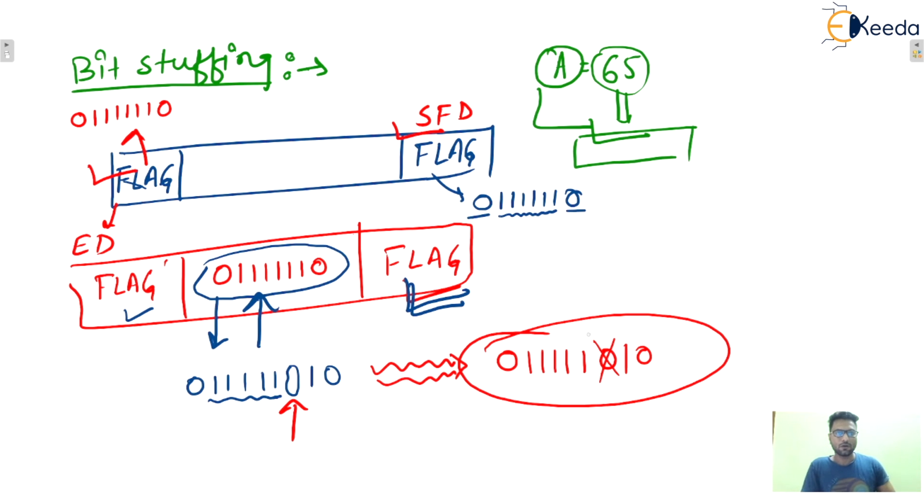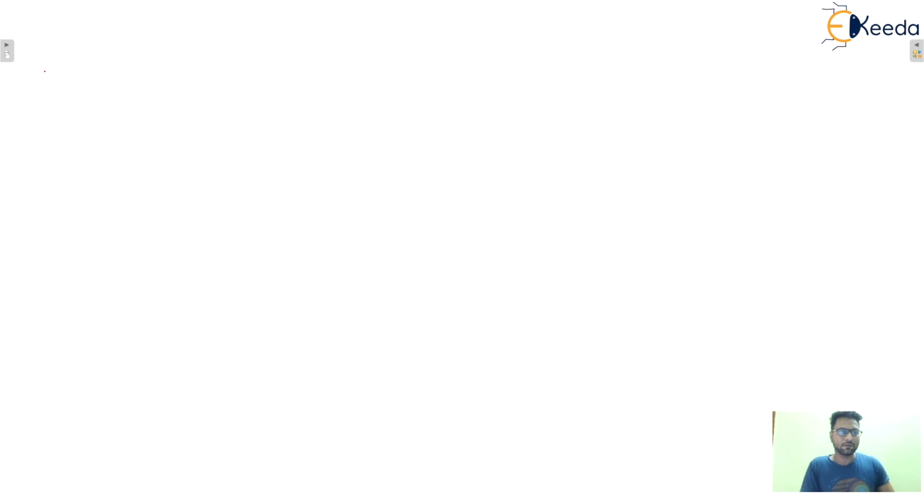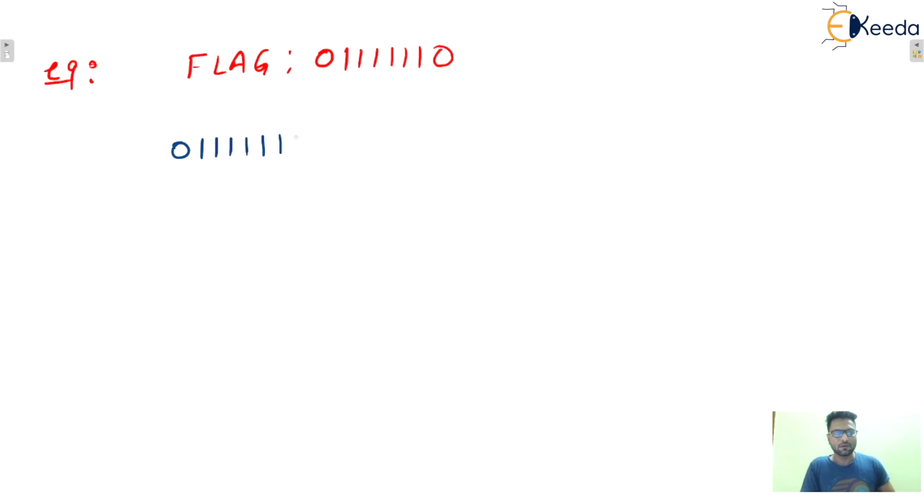Okay, so let's say next question, next example. Let's say the flag is the same, 0 followed by 6 ones, then 0, and let's say the data has a 0 followed by several ones, or let's say 0 1 0.